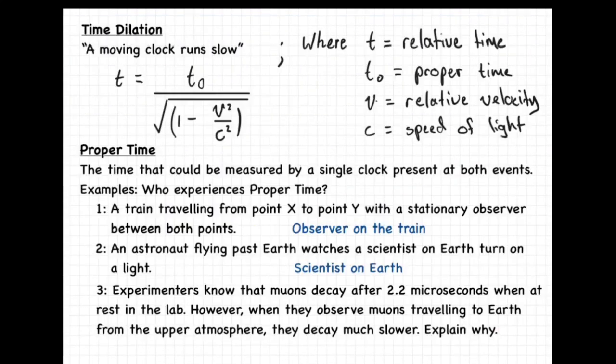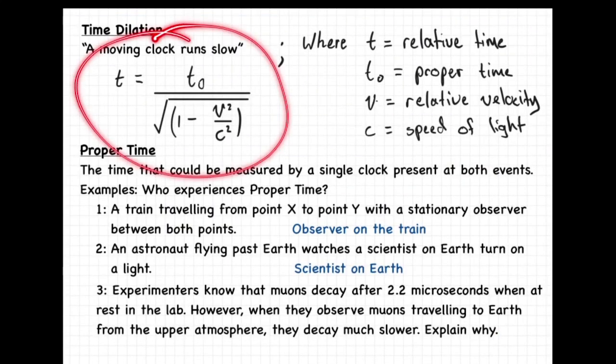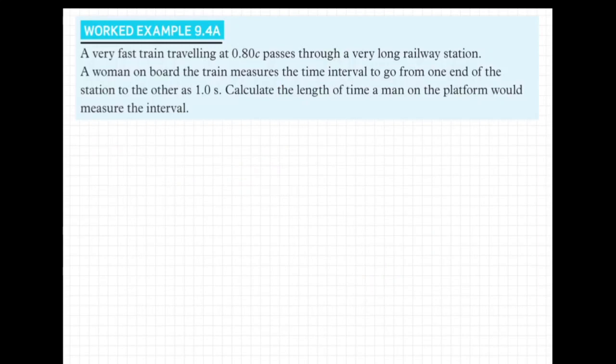Recalling our formula, what is our notation for that? So we've got t equals, t0 equals, c equals, v equals. What do we know? What don't we know?